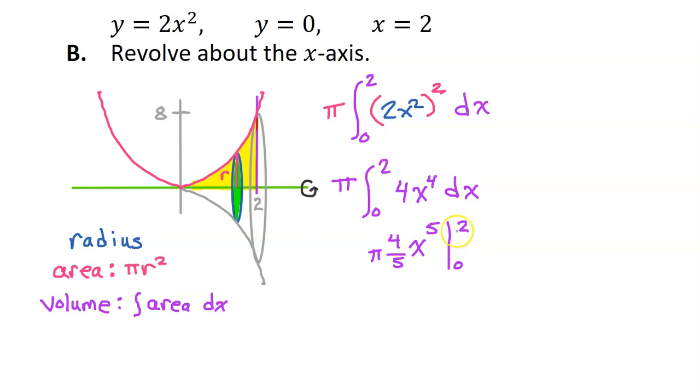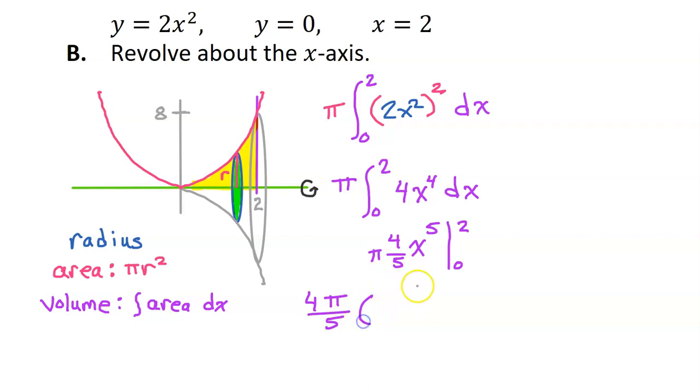This means I need to find the value at 2 minus the value at 0. When I do this, I am going to leave the pi and the 4/5 out in the front. I think I will call this 4 pi over 5, put it all together.